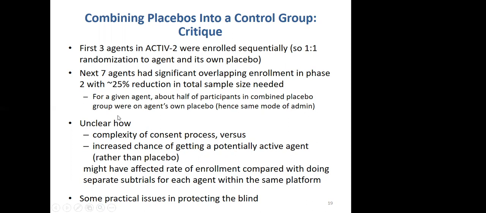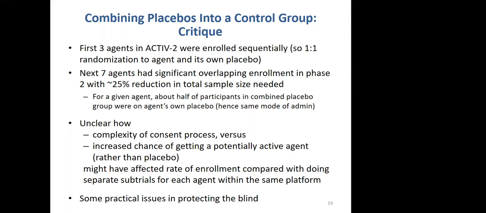What's unclear, in thinking about the complexity here of trying to compare lots of agents against a shared placebo, is how the complexity of the consent process versus the favorable aspect for a participant of an increased chance of getting a potentially active agent rather than placebo might have affected the rate of enrollment.